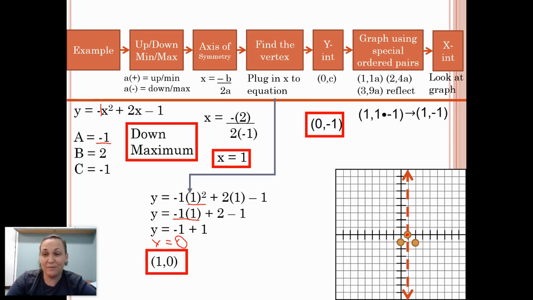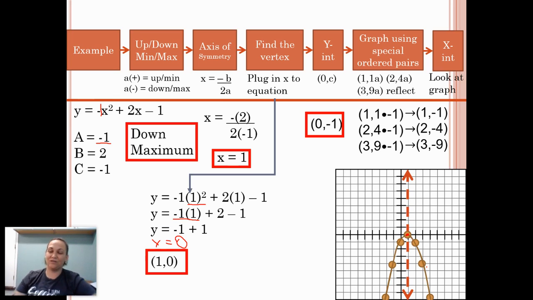My second special ordered pair changes to (2, negative 4): go right 2 and down 4, always starting back on your vertex. I think we have just enough space for the last special ordered pair, right 3 and down 9. And then we connect.